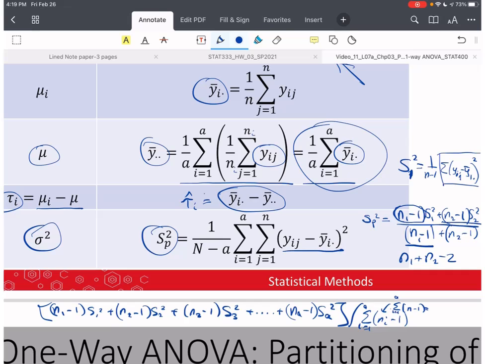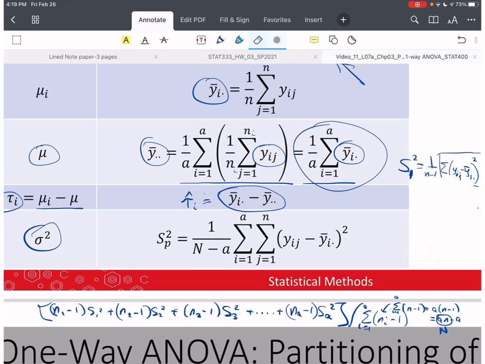They're all the same. That would be a times n minus 1, which is an minus a. An is capital N in this case. And that's exactly what we have here. So this pooled variance formula is just a generalization of the two sample case. So if you know it, you can get there from here.